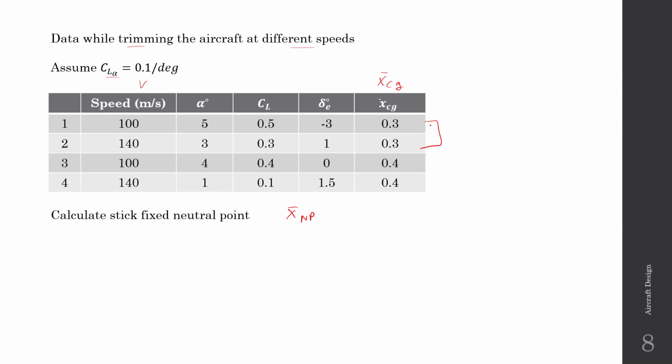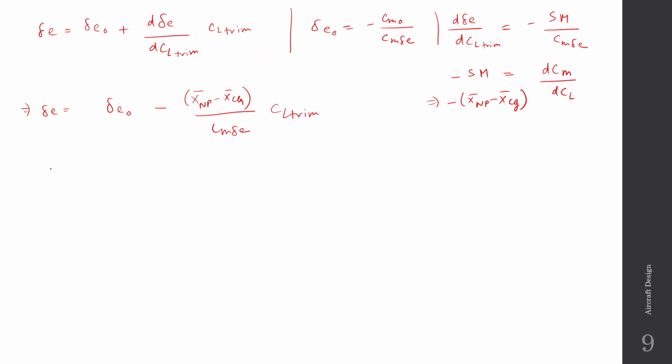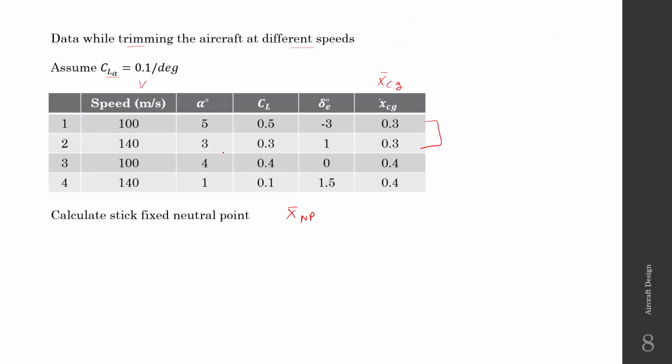Here the delta E is minus 3 degrees and 1 degree. So let me write here minus 3. You notice that I am working in degrees instead of radians. So delta E naught we do not know. x bar NP we have to find. x bar CG we know, it is 0.3.